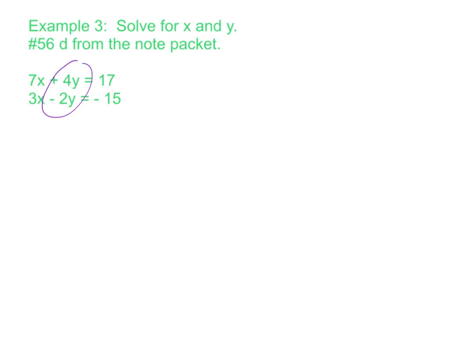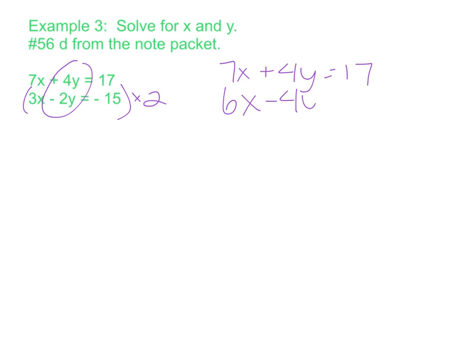Well, remember, the goal is to get them to be the same coefficient but opposite signs. So we already have a plus and a minus. Now we have to somehow change this bottom equation to make it a negative 4y. So going from negative 2y, we can multiply the whole thing by 2. So the top equation is going to stay the same, but the bottom equation we're going to multiply the whole thing by 2.